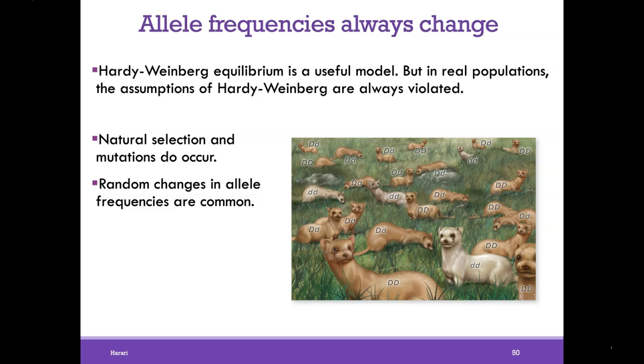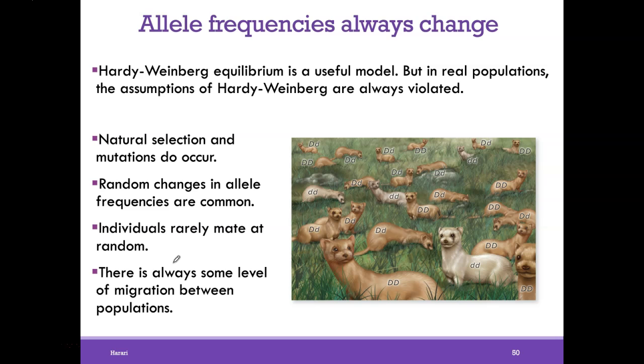Random changes in allele frequencies are common because of migration in and out of a population, right? Or because of mutation. Individuals rarely mate at random, right? Organisms select specific mates based on selection criteria. They don't just randomly come up to somebody and decide to mate. And there's always some level of migration between populations.